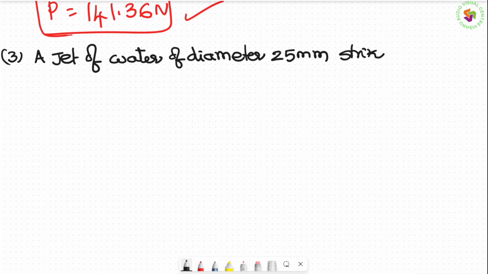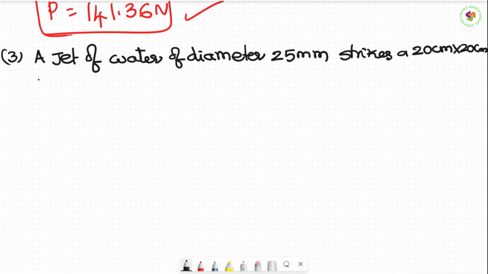Strikes a 20 centimeter by 20 centimeter. Actually, people normally see this 20 centimeter by 20 centimeter, they calculate area like this and put it instead of jet area. But remember, the area which we require in the problem solving is the jet area, not the plate area.